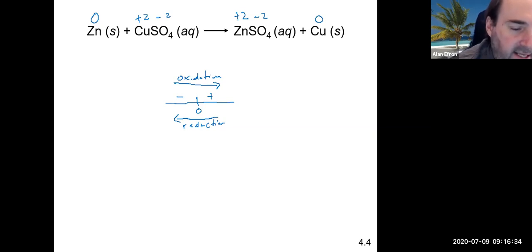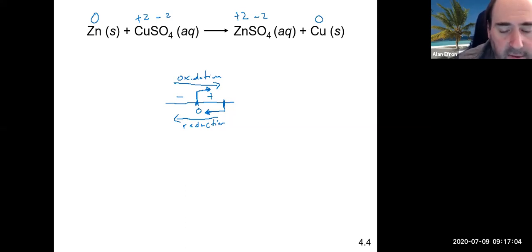The zinc started at 0 and went to +2, which is going in this direction. So the zinc is going through oxidation. The copper started at +2 and ended at 0, which means the copper started down here and ended this way, which is going through reduction. And again, you can see that that is what's happening.